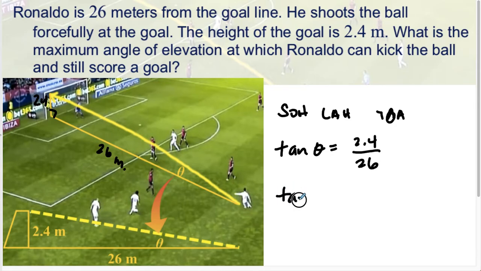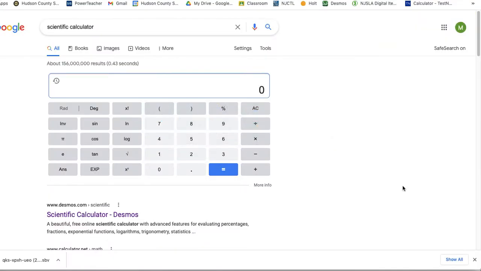So if I reverse it by using the inverse, then I'll be able to find the angle that Ronaldo should use. All right, so I'm going to go into my calculator, and I'm going to do inverse tangent. First, let me just make sure that it works. So tangent 45 should be 1. Okay, so now inverse tangent of 2.4 divided by 26 meters.